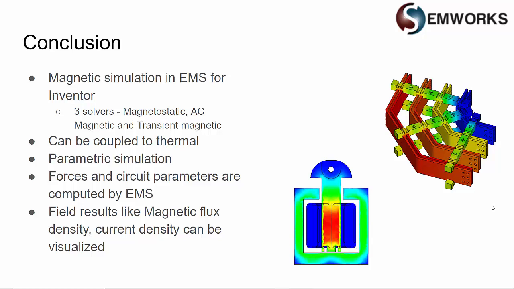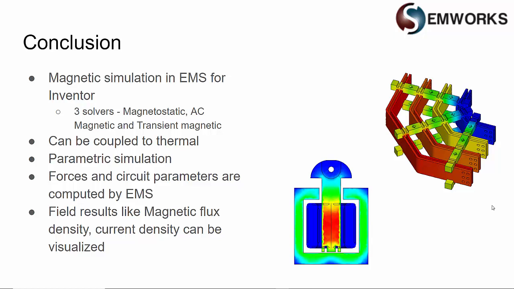And the third solver, which will be a topic for a future webinar, is the transient magnetic solver. Using the magnetostatic solver, we solved a DC actuator to find the value of the forces acting on the plunger based on the gap between the plunger and the core.